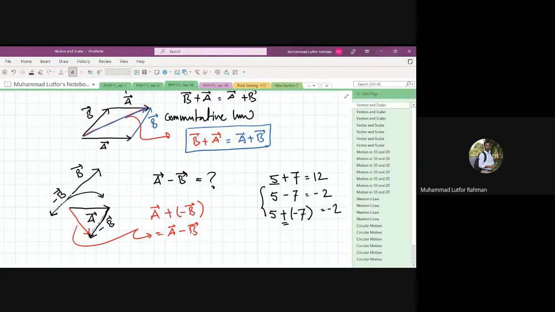Whenever I get the scope, I will try to use this vector triangle law. It's a very fundamental law and very useful law. It's very handy. In that way, we are going to use this vector triangle law.